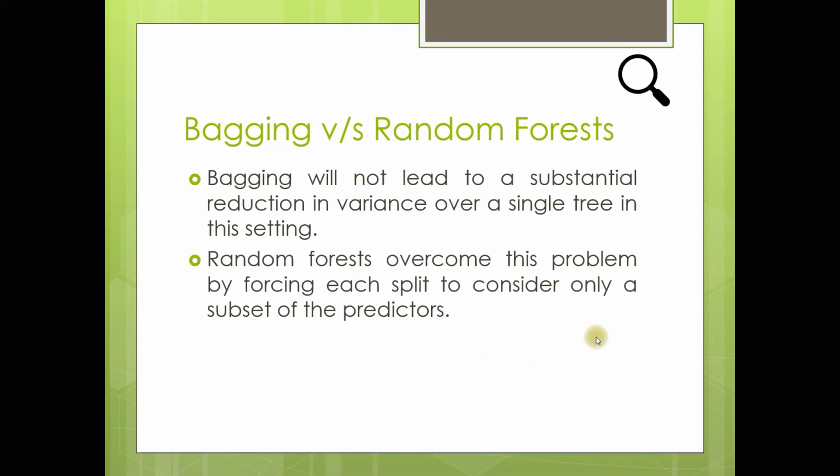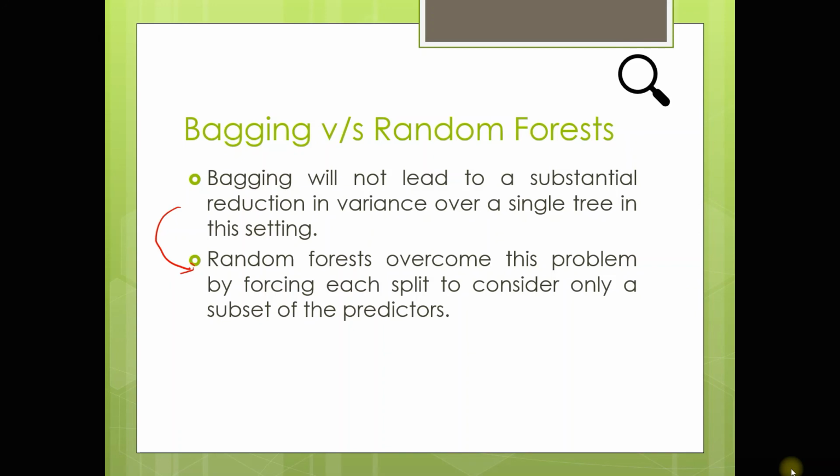As I explained to you earlier, bagging will not lead to a substantial reduction in variance. It will do so compared to a single decision tree, but it won't do that much compared to what a random forest will do. That's one of the advantages of the random forest.